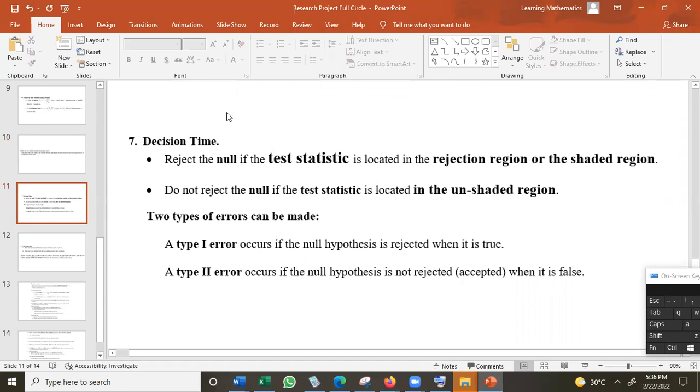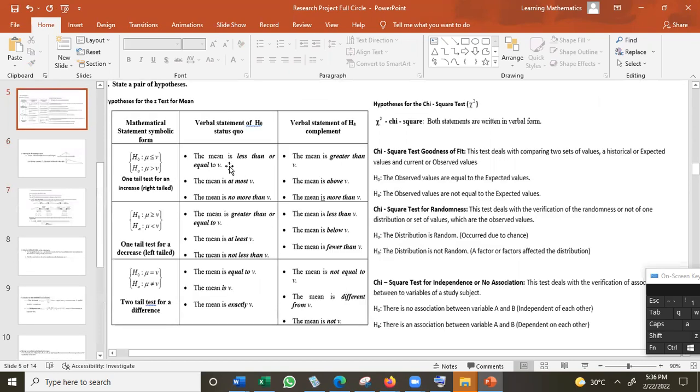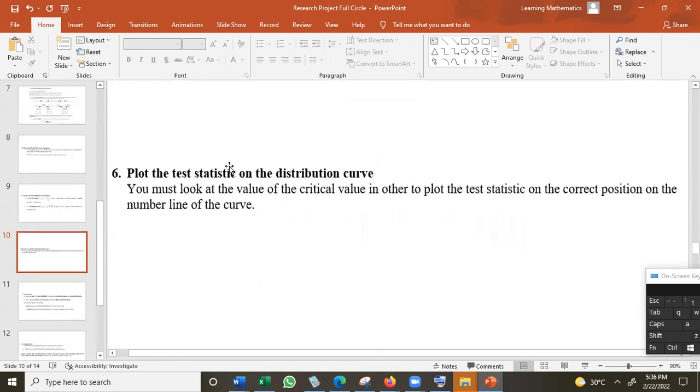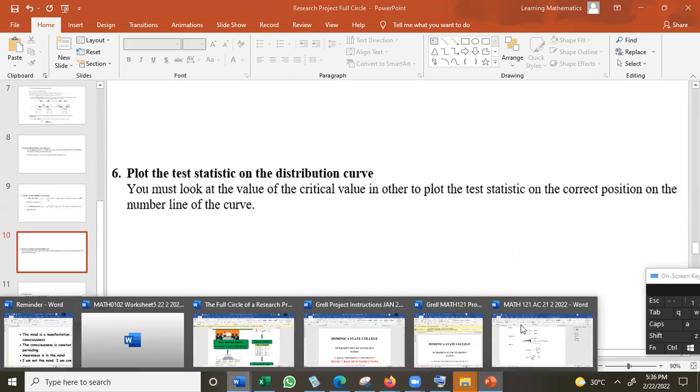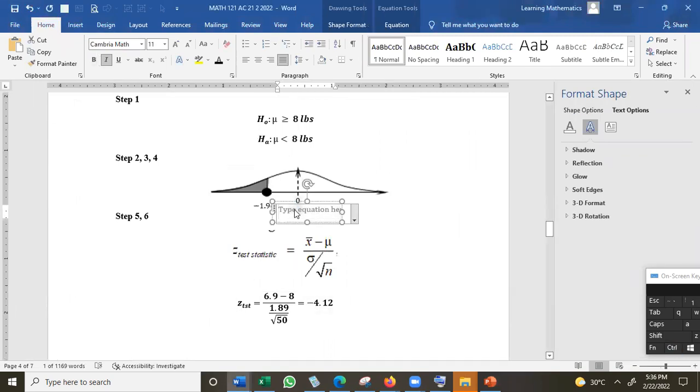Bear in mind, we always start with a pair of hypotheses in step number 1. And in our case now, the test statistic is going to land in the shaded region.